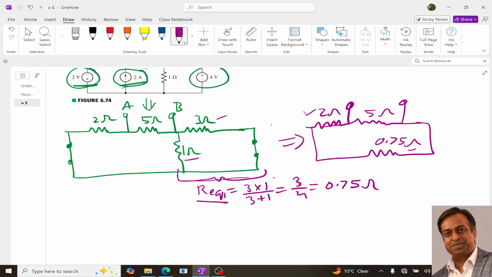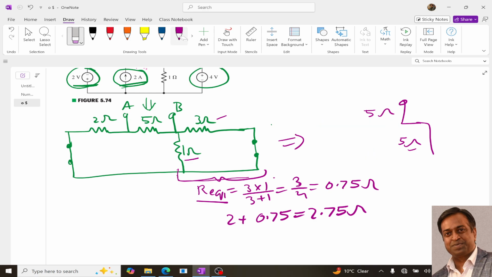So we can combine this 2 and 0.75, and we get 2.75 ohms. In the modified circuit we will just have this, and it is 2.75 ohm.